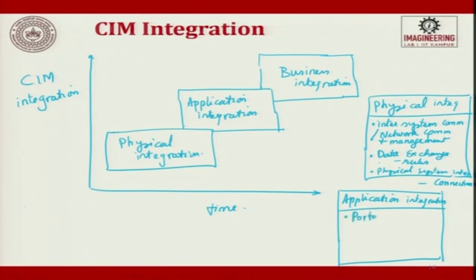Next, let us see what all happened in application integration. Portable applications came into existence. Today you look at the Wi-Fi we are enjoying; these are all portable application processing in a smartphone. The enjoyment of the smartphone could happen only because of this application integration.